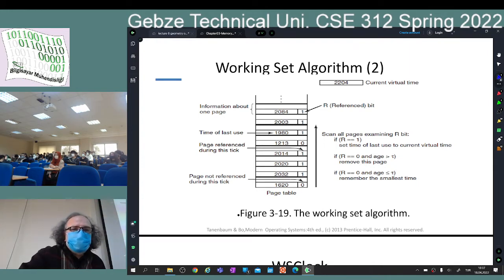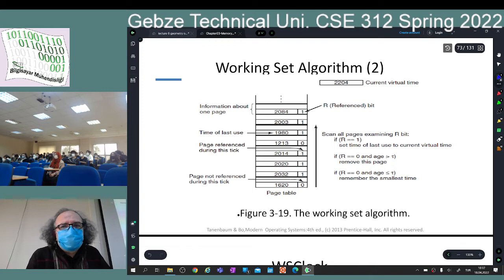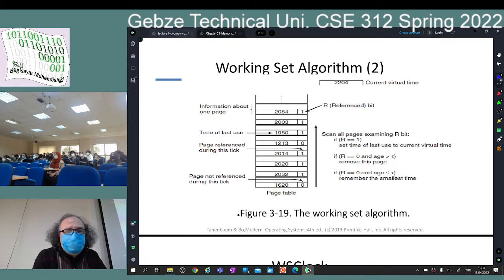And I have my virtual clock field, which indicates the last time I referenced that page, and I keep the current virtual time as a global variable somewhere in my kernel space.